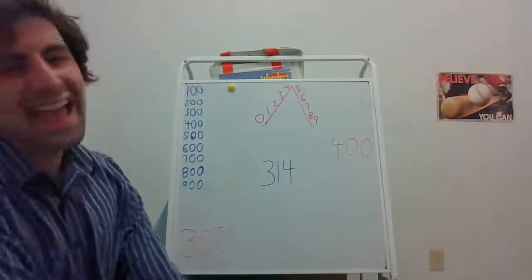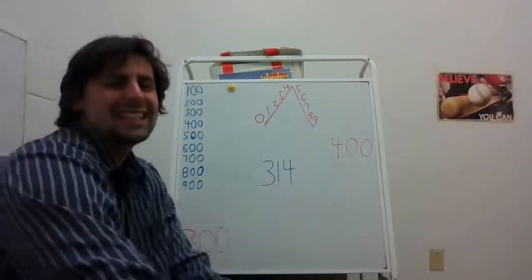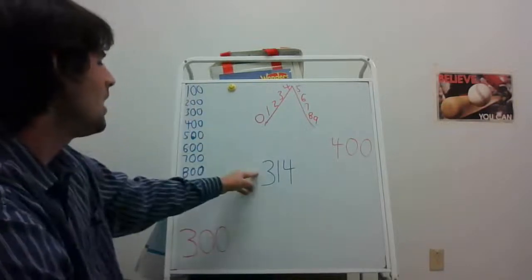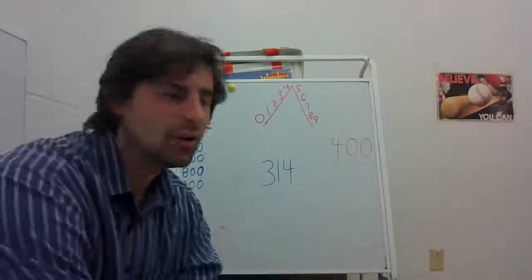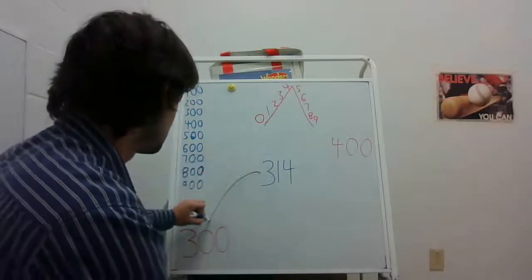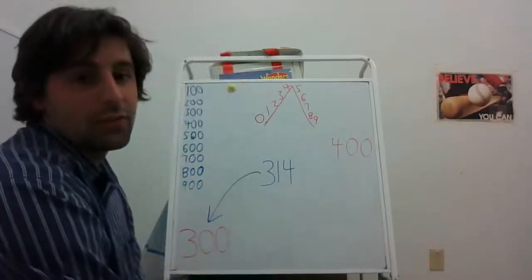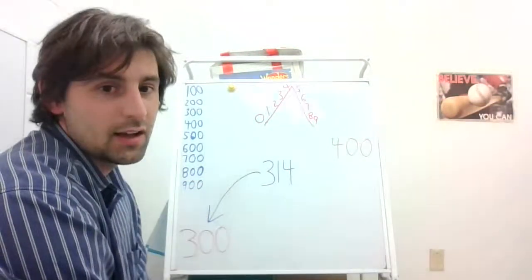We're rounding down because digit number 1 is in town. So 314 is going to round down to 300.